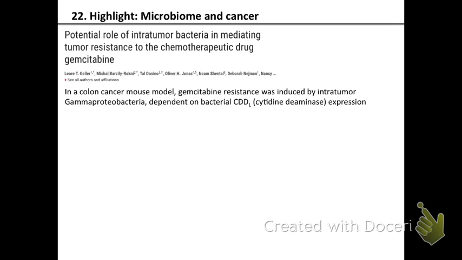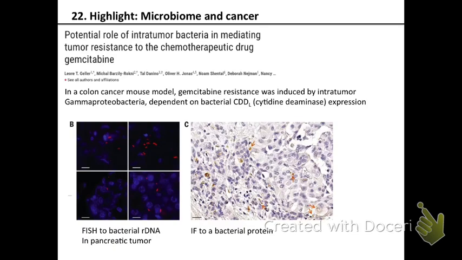Okay? And they wondered, this is really interesting. We wonder if it's also related to some of the human gemcitabine resistance. So they said, can we actually see this bacteria in the tumors that we isolate from people, right? And so this is essentially a figure showing you that.